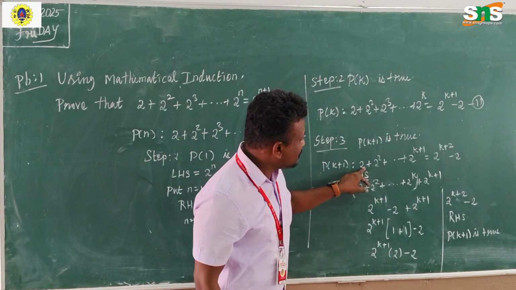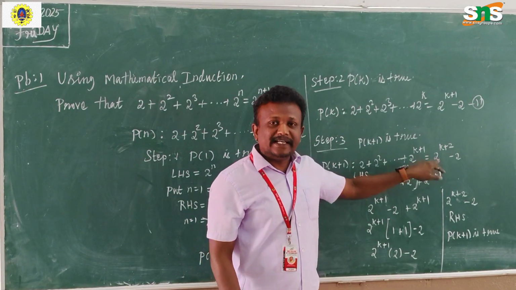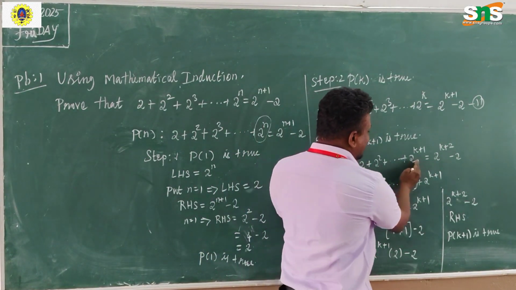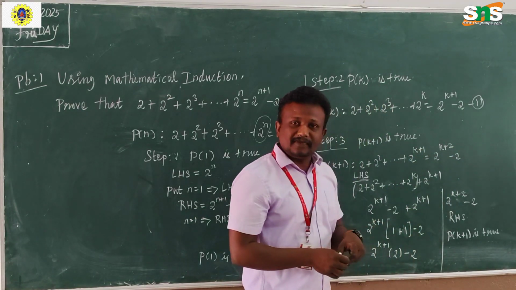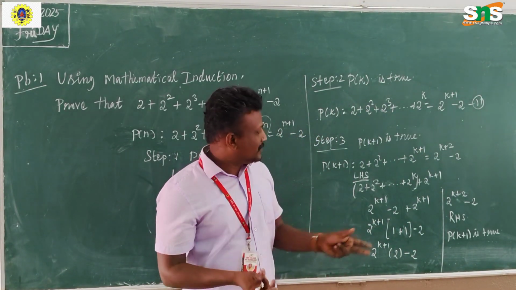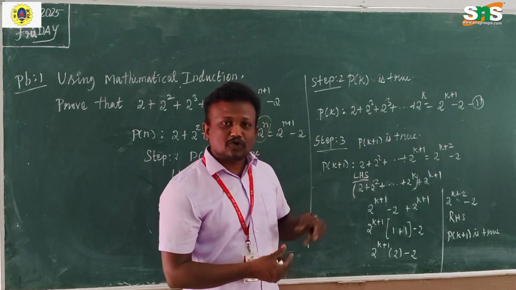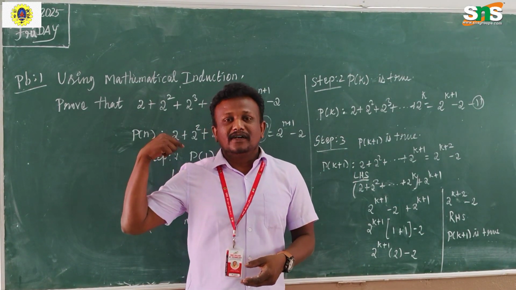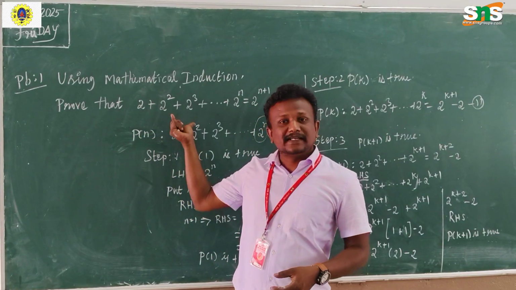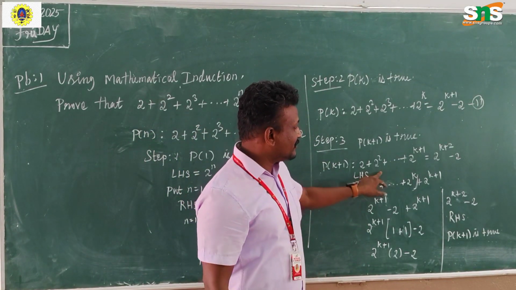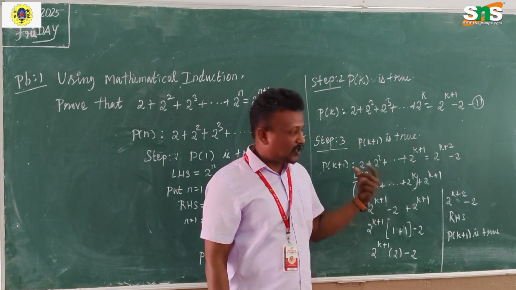I have done that here. Now we have to show that the left hand side is equal to the right hand side. If we are able to satisfy that, then step 3 is true. If step 3 is true, then our given proposition is true for all natural numbers, right? Let me check whether it is satisfying step 3 or not.